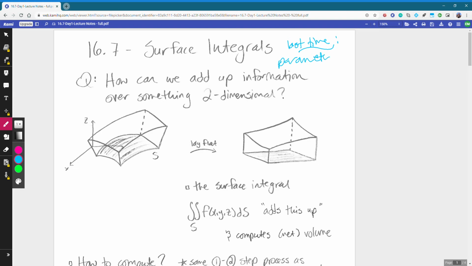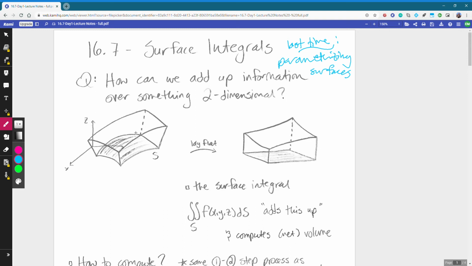We thought about doing this by describing our surface in a chosen set of coordinates and then using that description to find the x, y, and z for our parameterization. Well, today we come to the payoff of this work, where we're going to think about how we can add up information over something two-dimensional, so a surface.